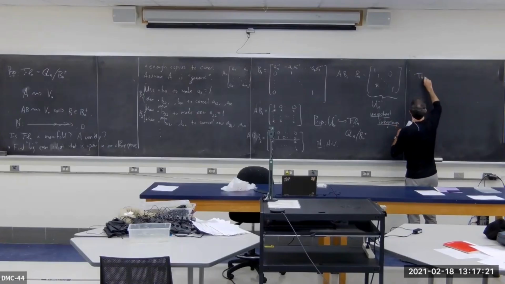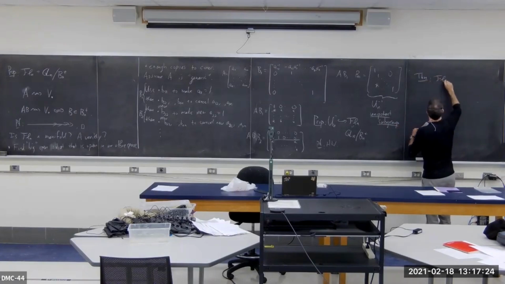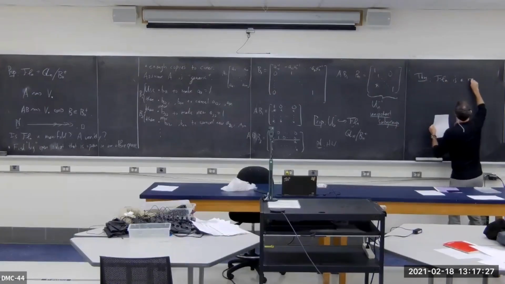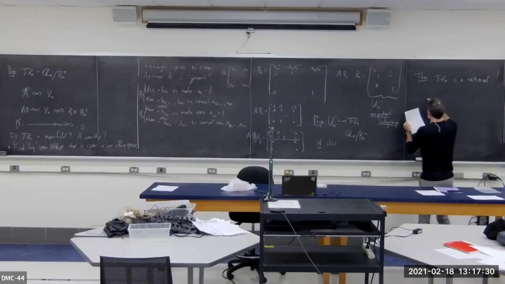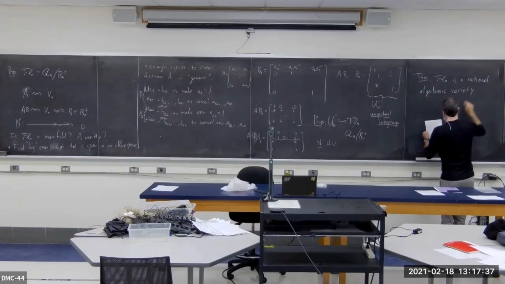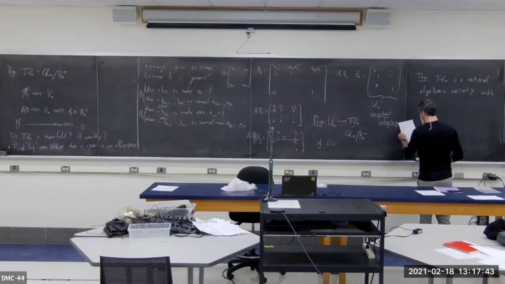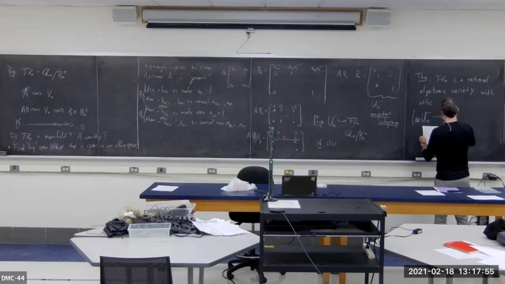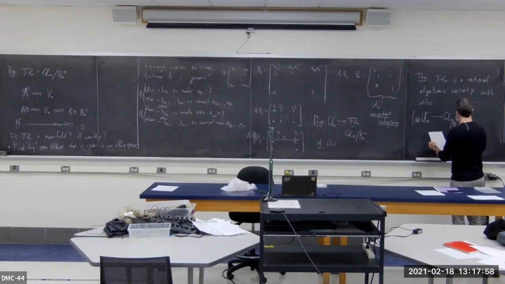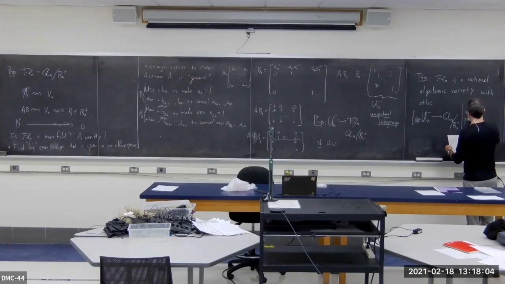So the theorem is that FLN is a rational algebraic variety with atlas, and it's now going to be W times UN minus going to GLN modulo Bn plus, such that W is a permutation matrix.